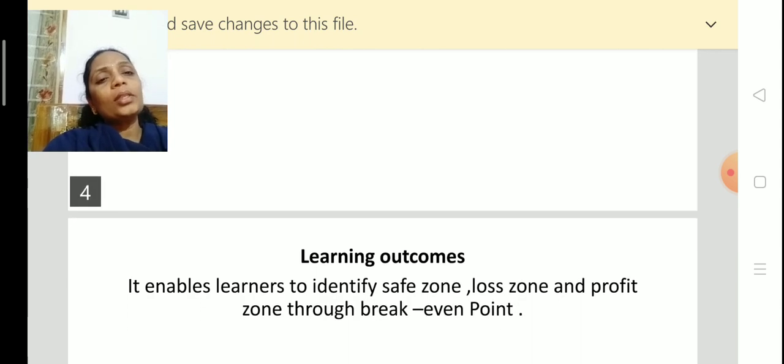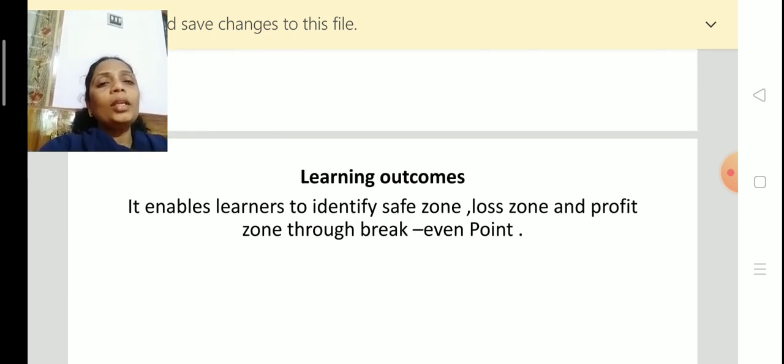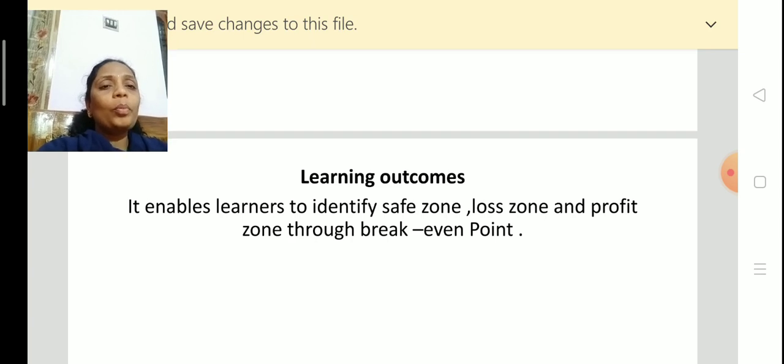Now let us discuss the learning outcomes of this session. It enables the learner to identify the safe zone, loss zone, and profit zone through the break even point.